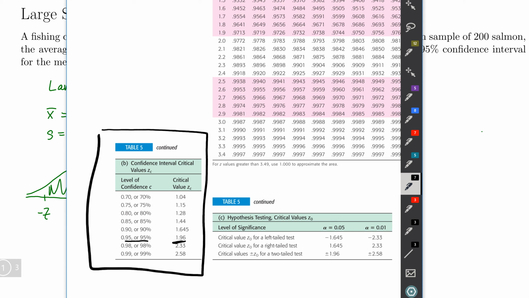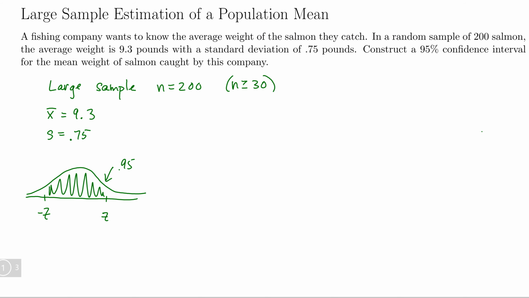This is the z-score such that 95% lies between the positive z and the negative z. So this z-score is 1.96 and negative 1.96. About 95% of the area lies between those two z-scores. So the z we'll be using for 95 is 1.96.